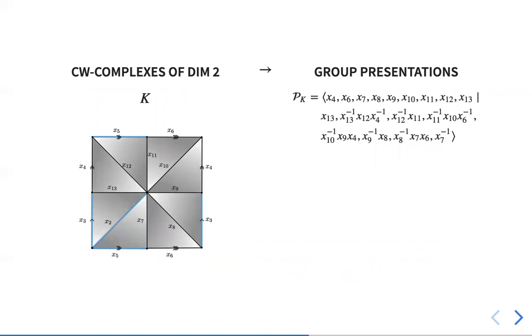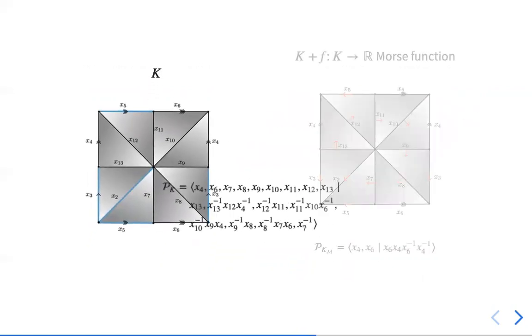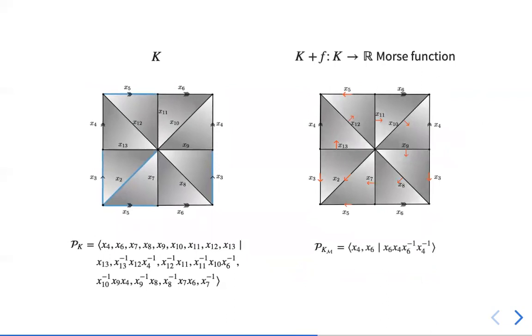Okay. Great. So this is the original presentation that we used to have, using a tree. But if we compute K plus a discrete Morse function, this is a representation in terms of the pairs of cells that are induced by the Morse function.